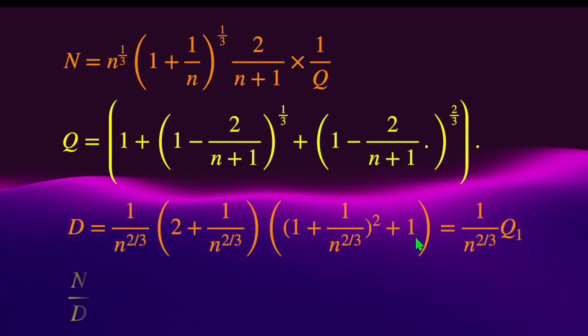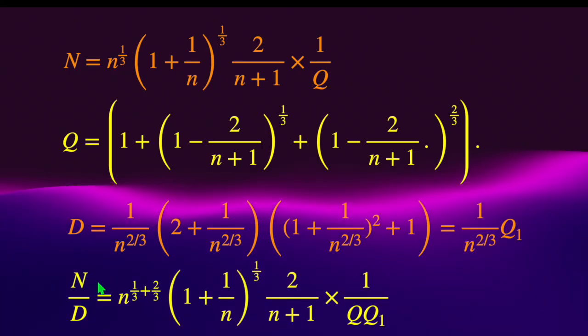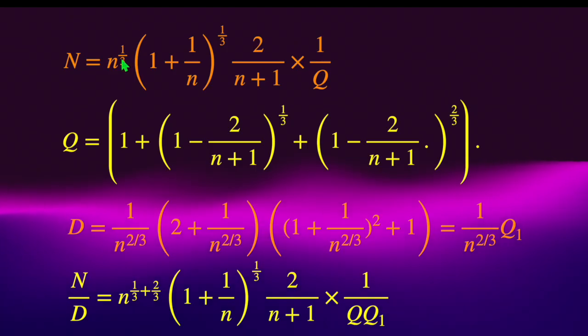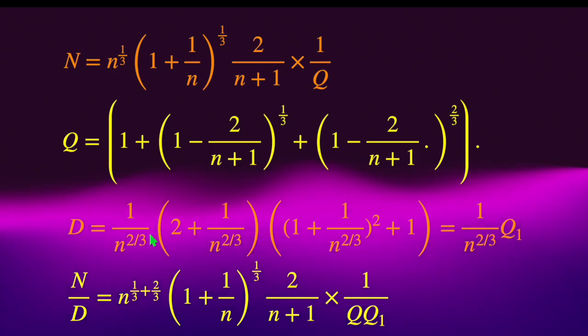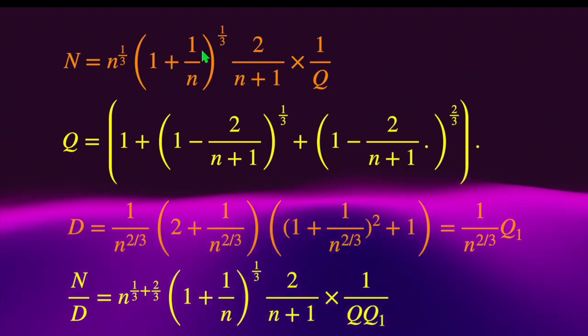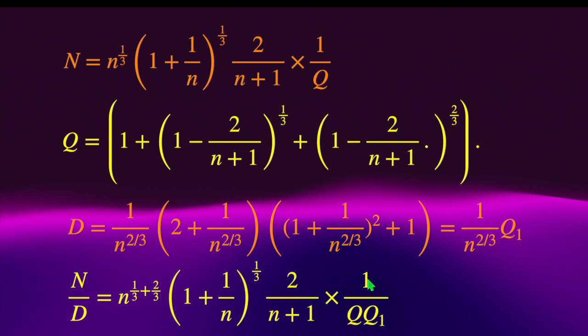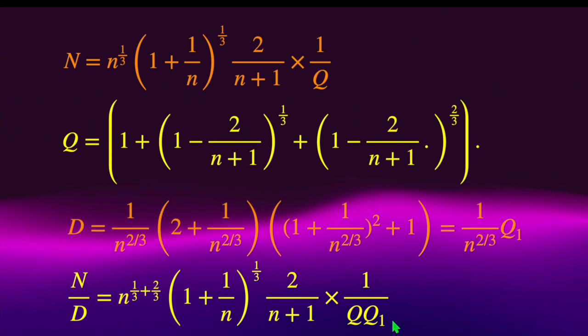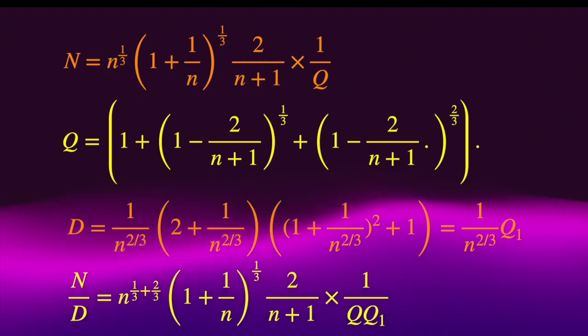And finally we get that the numerator over the denominator is n^(1/3) times n^(2/3), that is 1/3 plus 2/3, which is equal to 1, times this quantity, and here 1 over q1, and we are almost done.